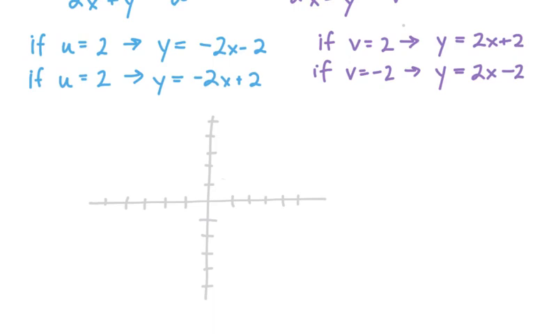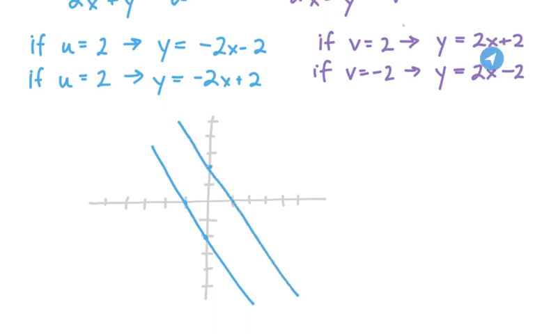So this creates a region. These lines bound a region. So this first line right here, y equals -2x minus 2, that's a slope of -2 crossing through -2. So I've got a line that looks roughly like this. And y equals -2x plus 2 has the same slope of -2, but passes through y equals positive 2.